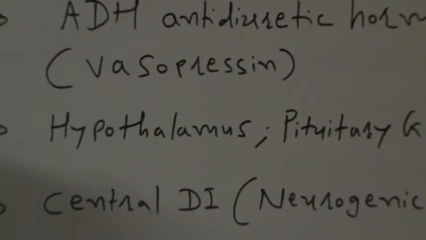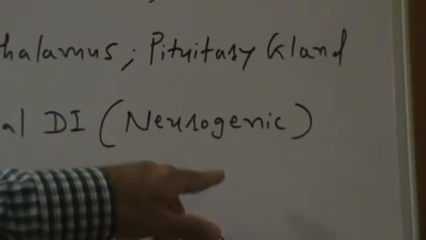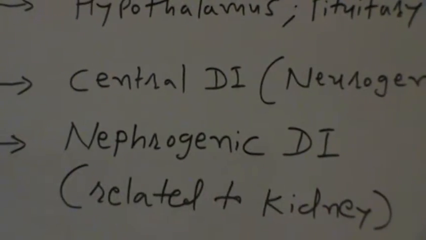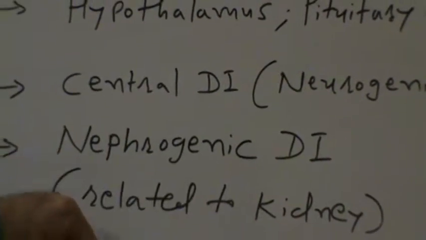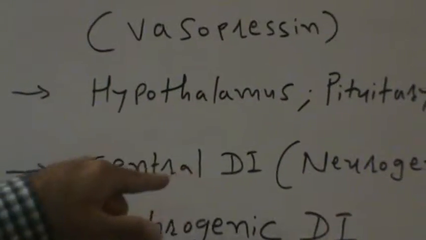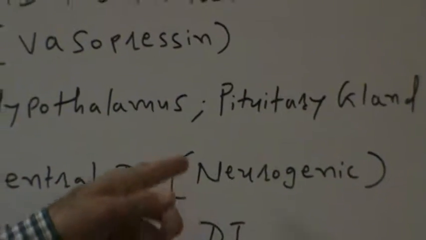So here I have put down central DI, also known as neurogenic DI, and nephrogenic DI. Simply speaking, nephrogenic means related to kidney, but let's first focus on central DI. Central DI is also known as neurogenic DI.